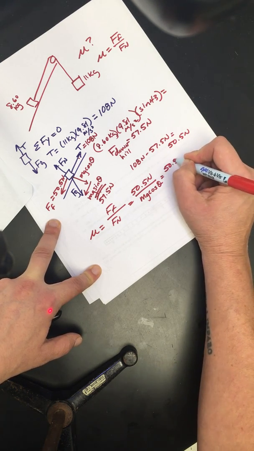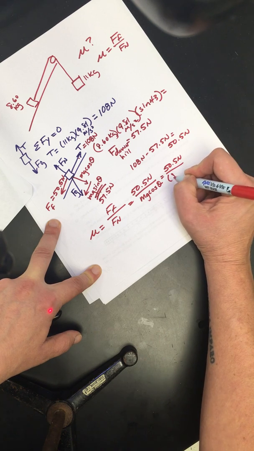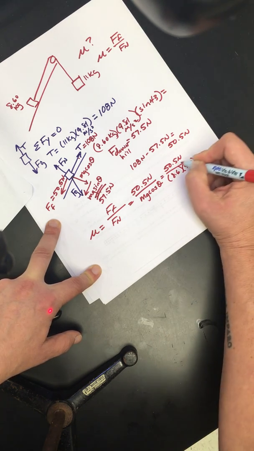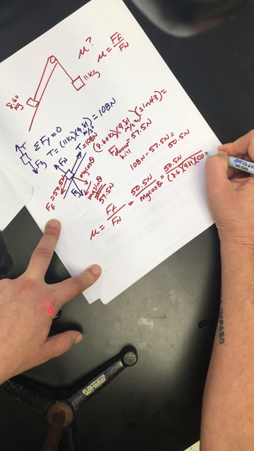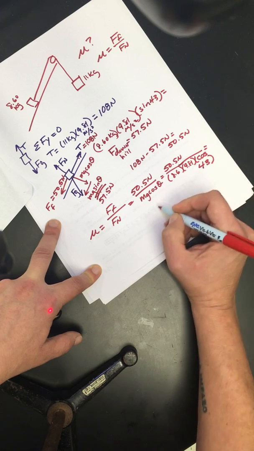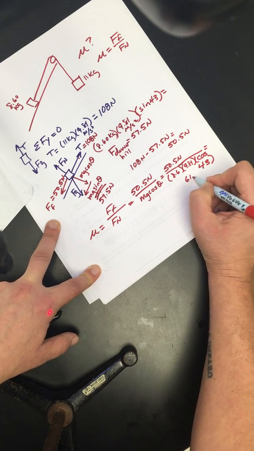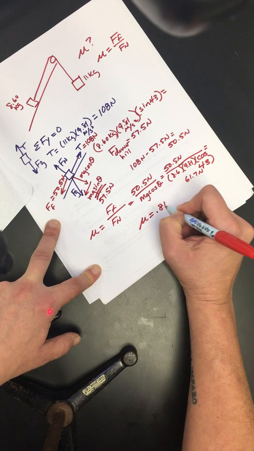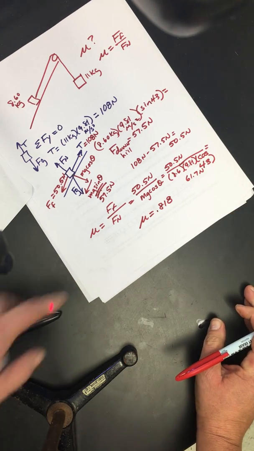So 50.5 newtons, and this is 8.6 kilograms, 9.81 meters per second squared, and then the cosine of 43 degrees, and I plug and chug all that out. On the bottom, I get 61.7 newtons, so mu ends up being 0.818 when I do the math.